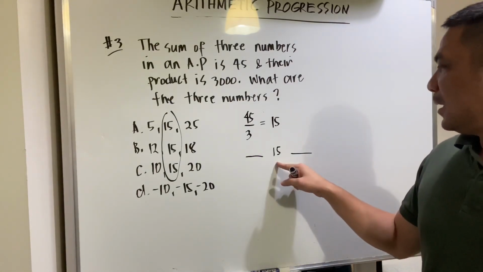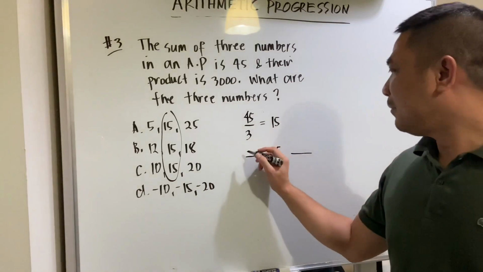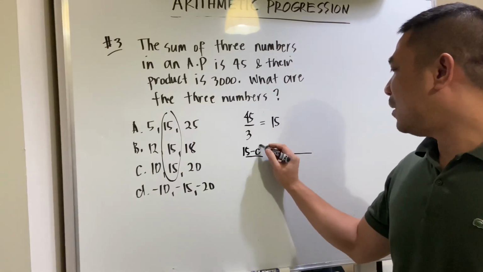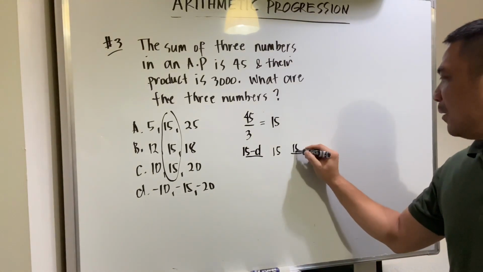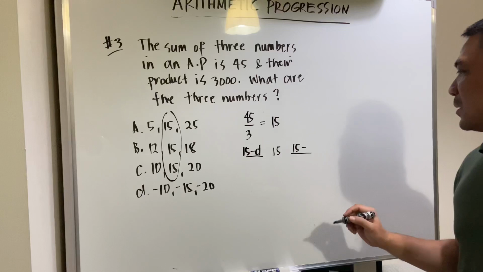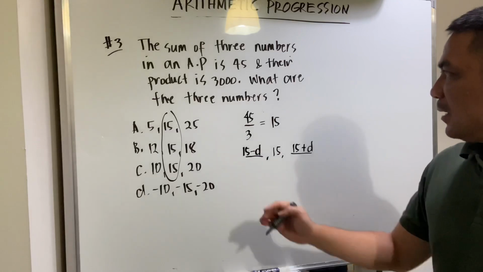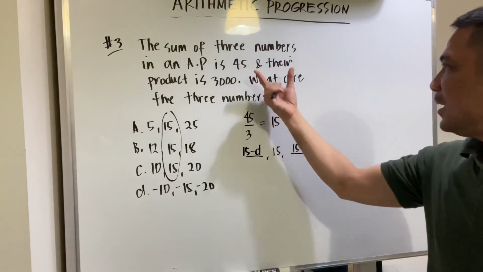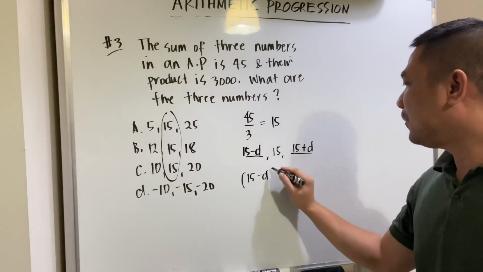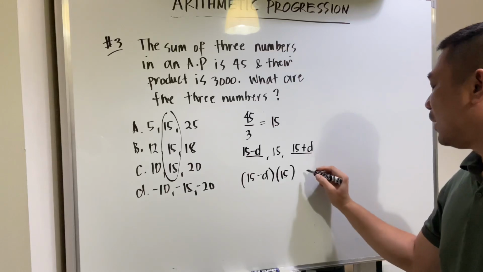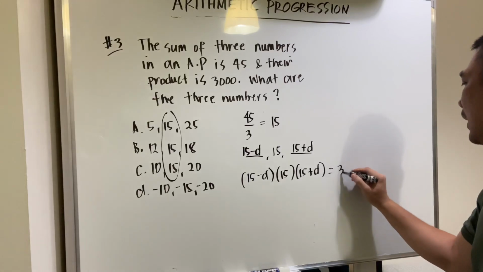If this is the second term, we can have the first term as 15 minus the common difference, and the third term will be 15 plus the common difference. It's mentioned here that their product is 3,000. So 15 minus D times 15 times 15 plus D is equal to 3,000.